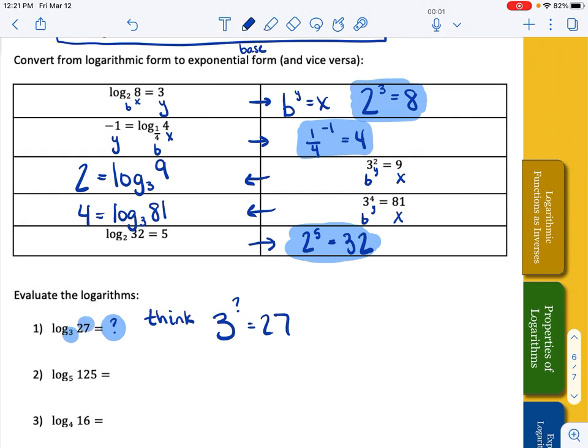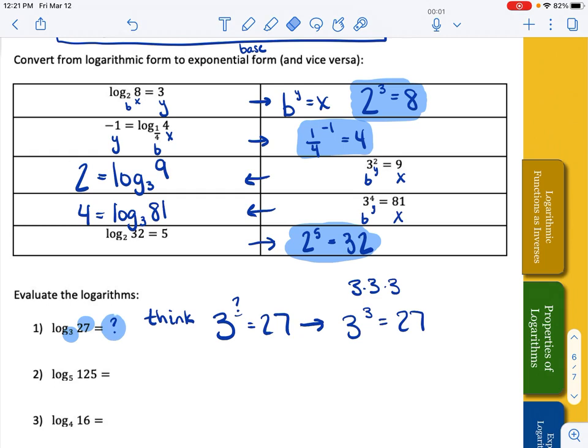That will find us what log base 3 of 27 is. Now we know 3 times 3 is 9, times 3 is 27. So this question mark here is actually a 3. So log base 3 of 27 is equal to 3.